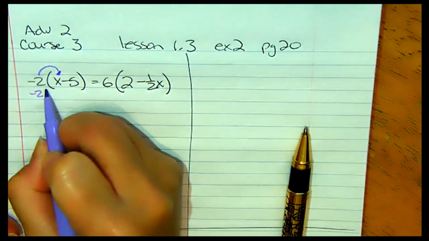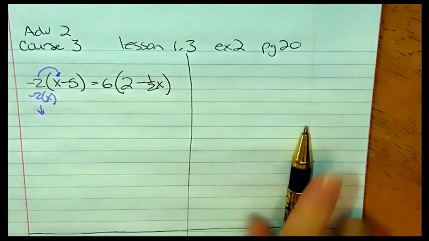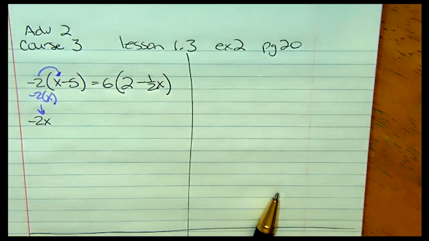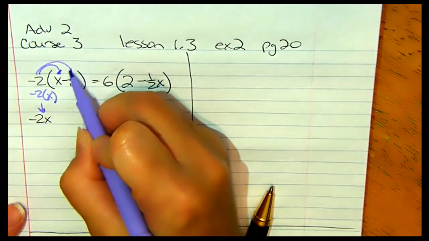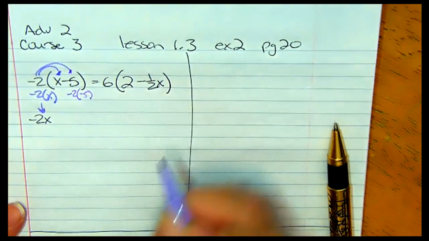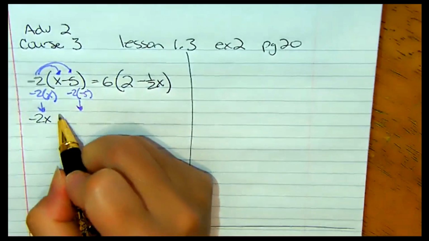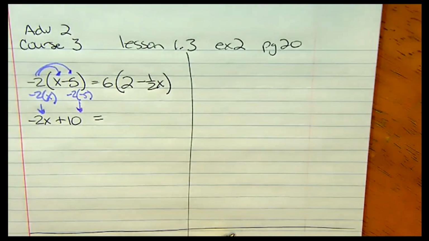So we have -2 times x, which equals -2x. Then we have -2 times -5. -2 times -5 is +10. Okay.